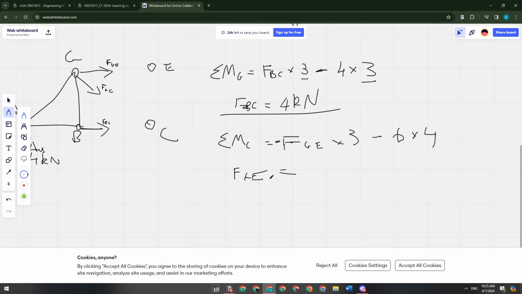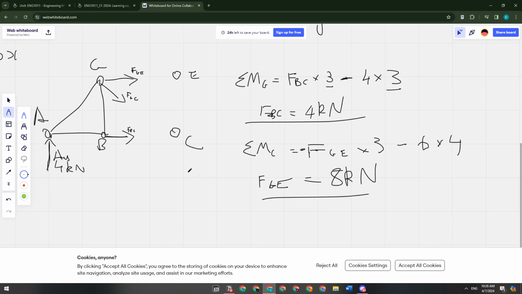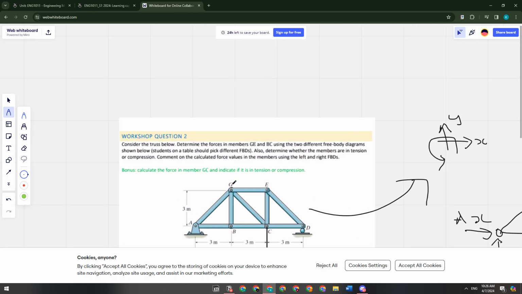FG should equal, what should it equal? 24 to 8 kilonewtons. And those are the answers to the questions, FGE and FBC, as you can see.